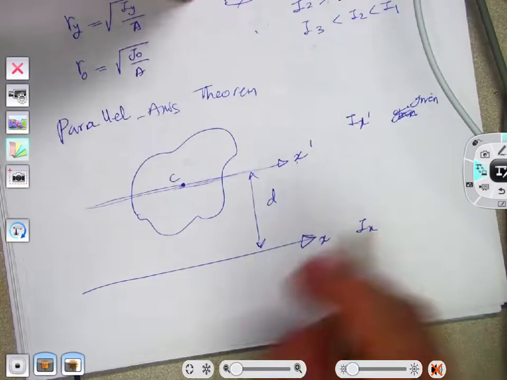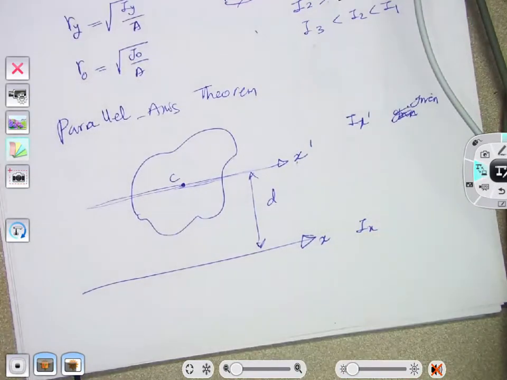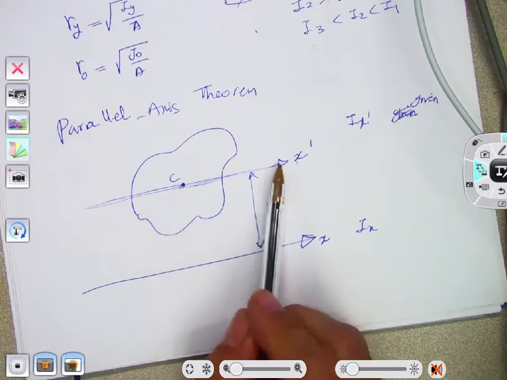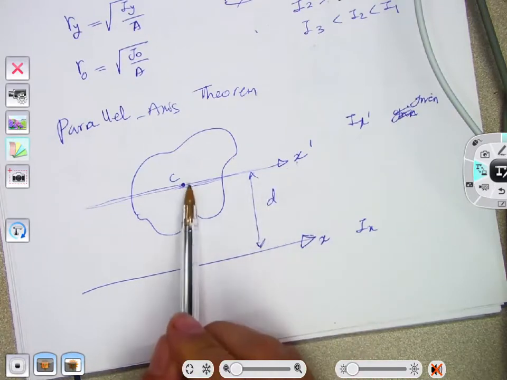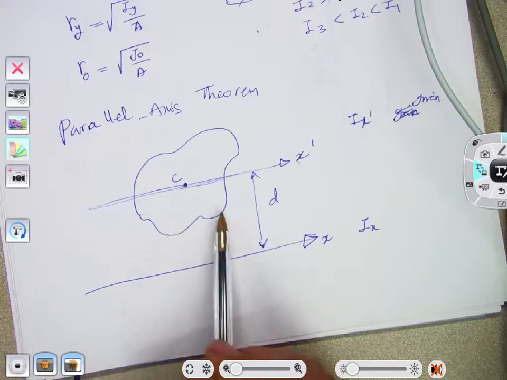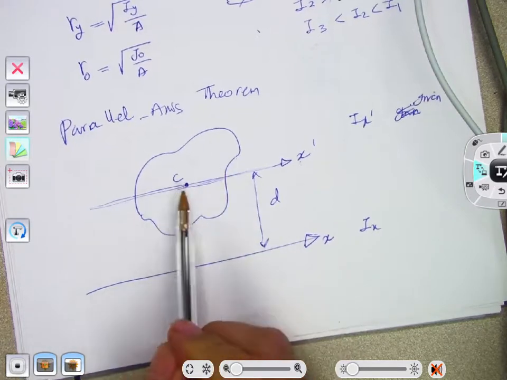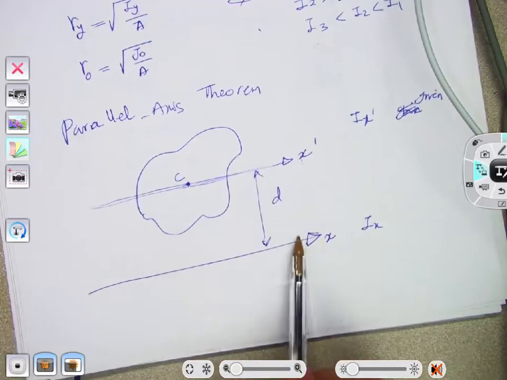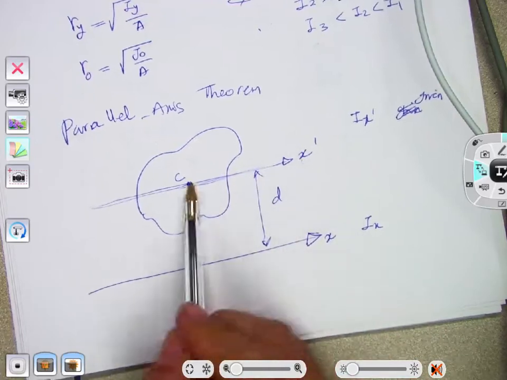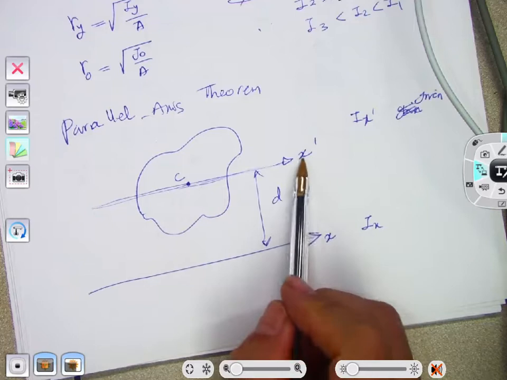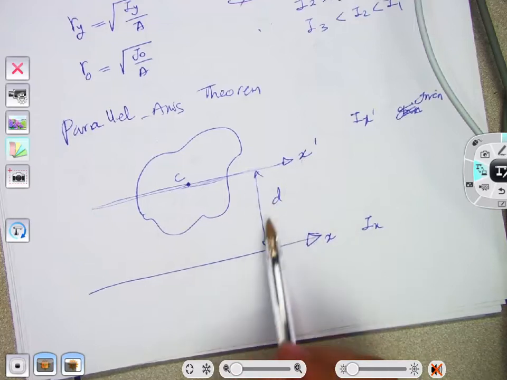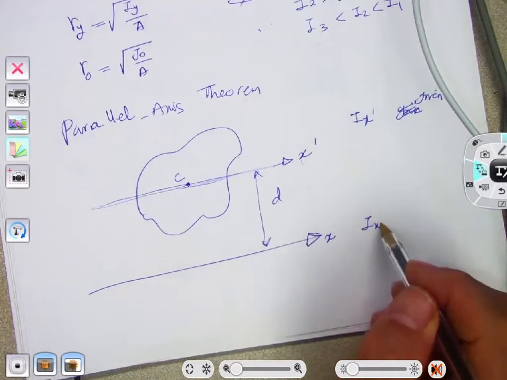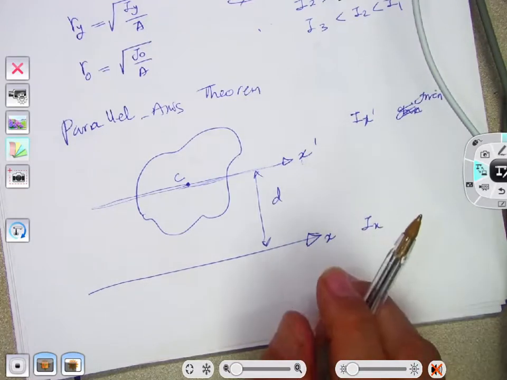This is my goal here. Let me repeat again. I assume that x prime is an axis passing through the centroid of the cross section, and the x-axis is another axis, not passing through the centroid, parallel to x prime, and I know that it has distance d from the x prime axis. I want to see if Ix and Ix prime are related to each other or not.